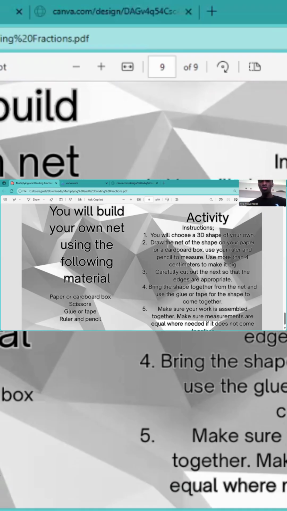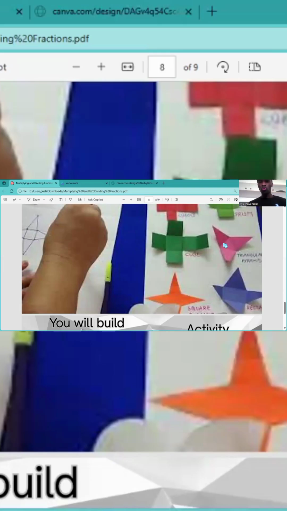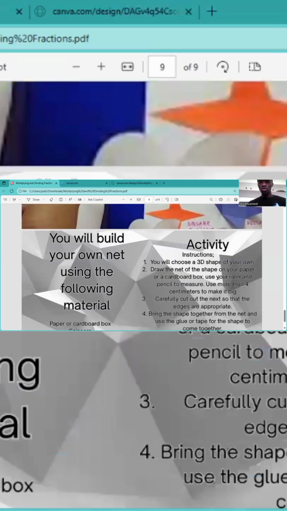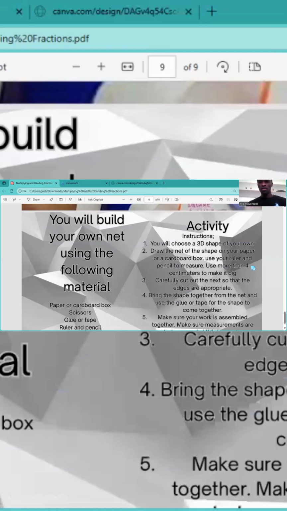As I've shown you in the previous slide, these are the nets of how you are going to do your 3D shapes. Use your ruler and pencil to measure. Use more than 4 centimeters to make it a little bit big.